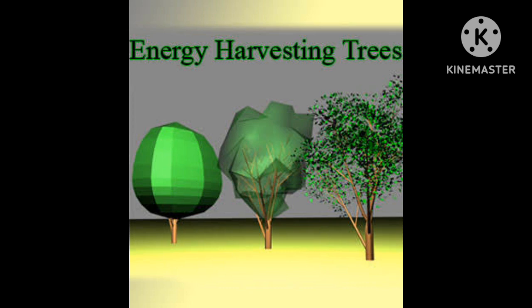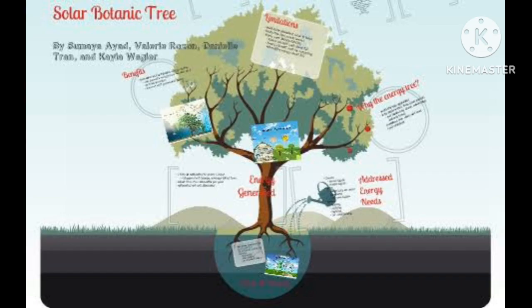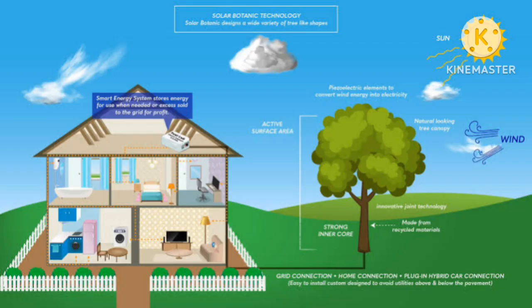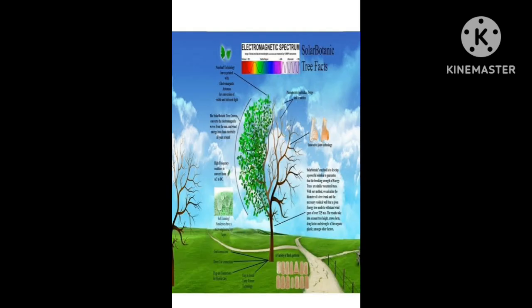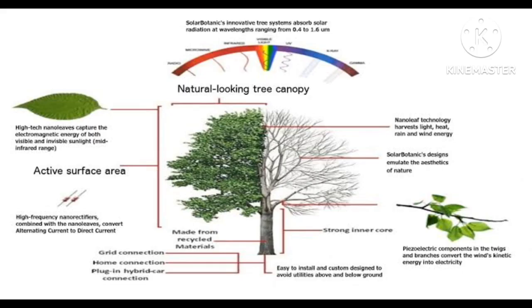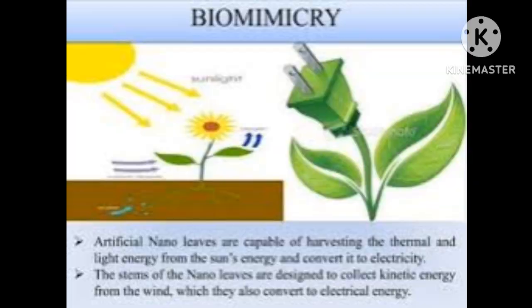electrical energy. Coming to the construction part, the solar tree has a trunk and nano leaves. The trunk is connected to the leaves with its roots.